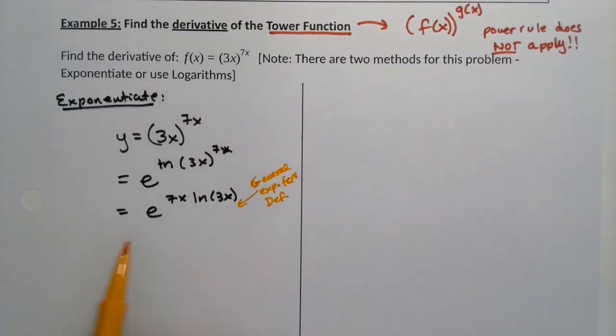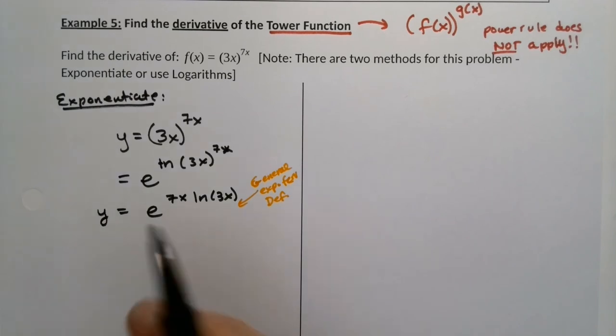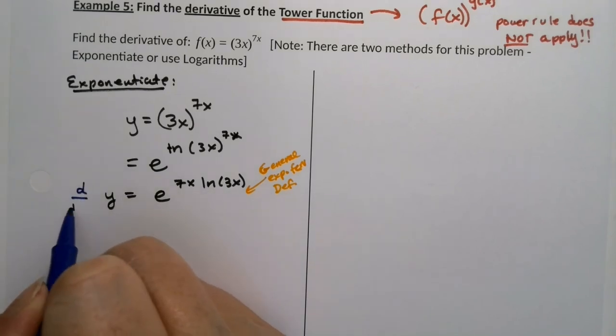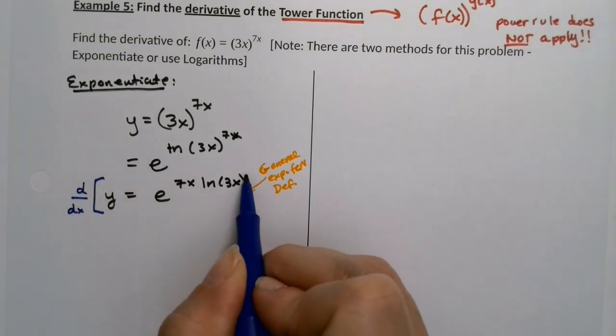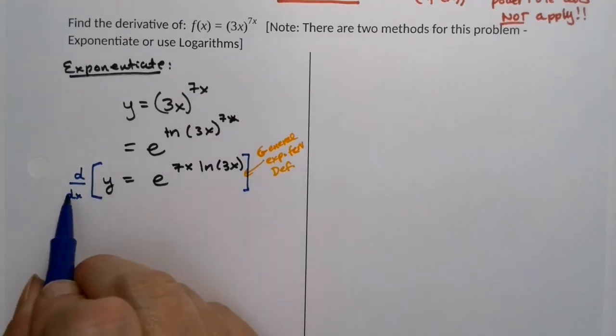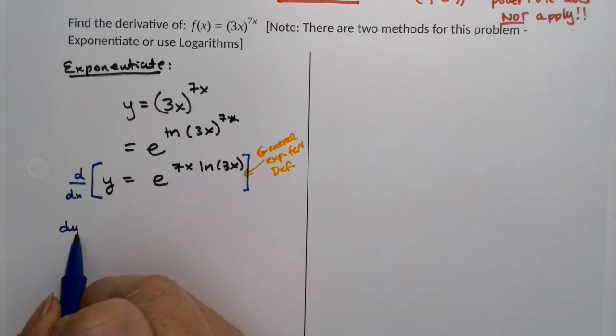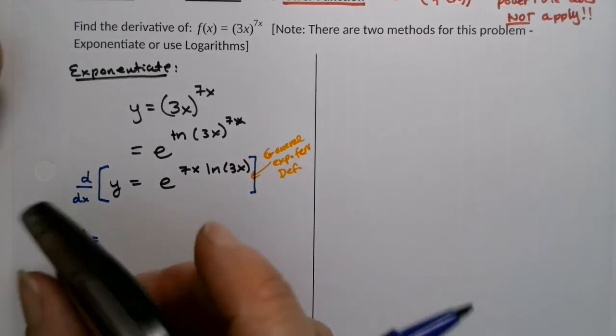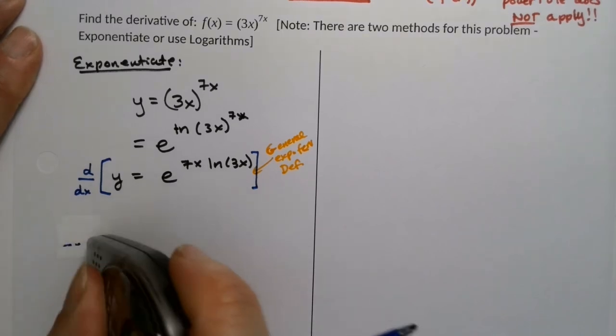Okay, so how in the world did this help me? You're thinking, this is not any better for taking the derivative of this thing. Well, I want to take the derivative with respect to x of all of this. The derivative of this side is dy dx.